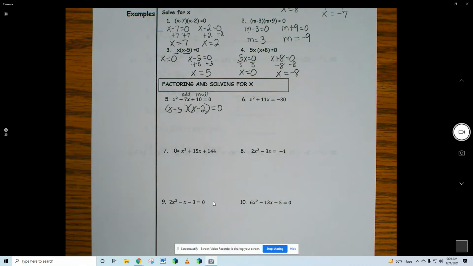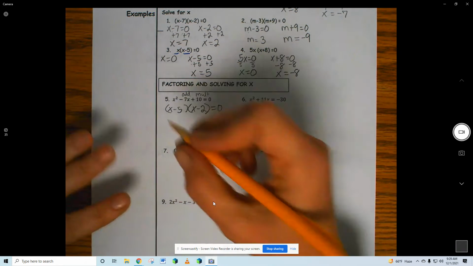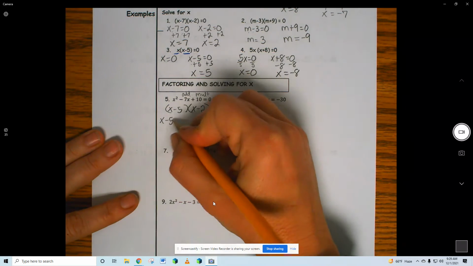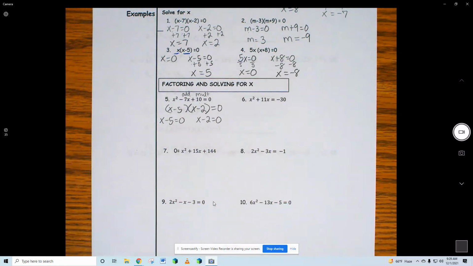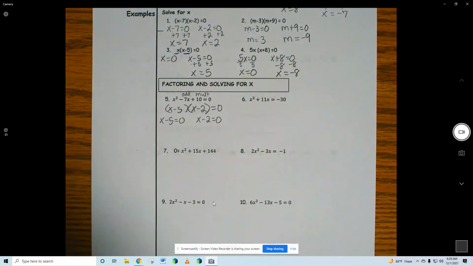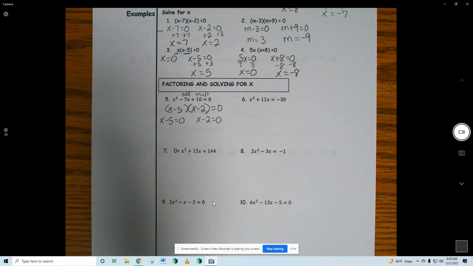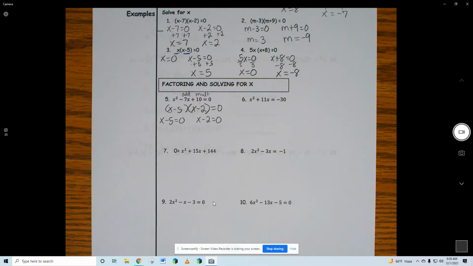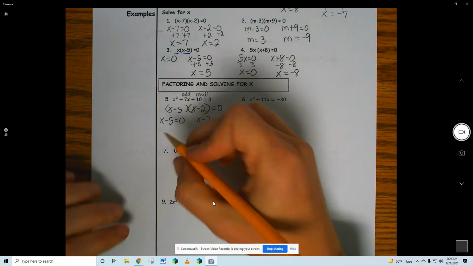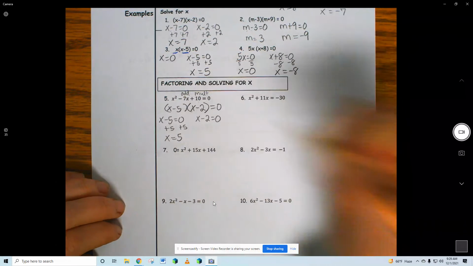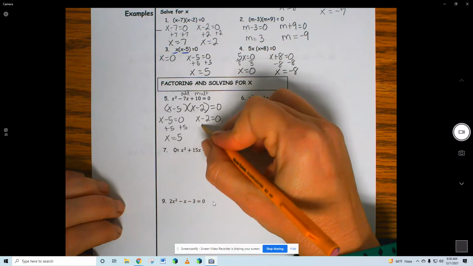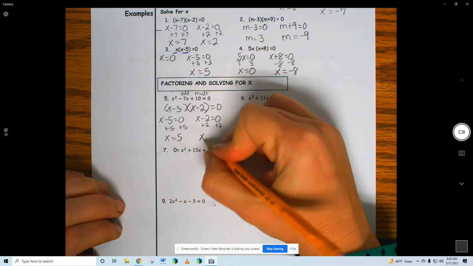Which means now each parentheses has to equal 0. X minus 5 equals 0. X minus 2 equals 0. And then you write your two answers. X equals 5. X equals 2.